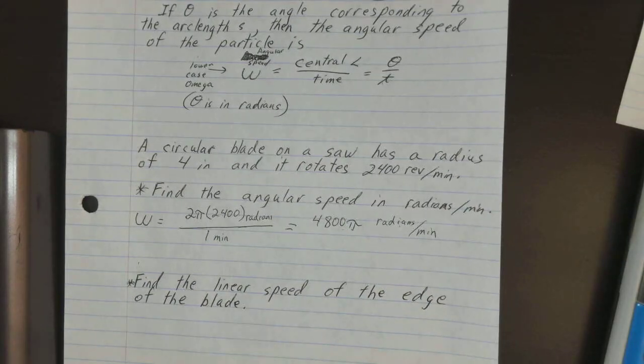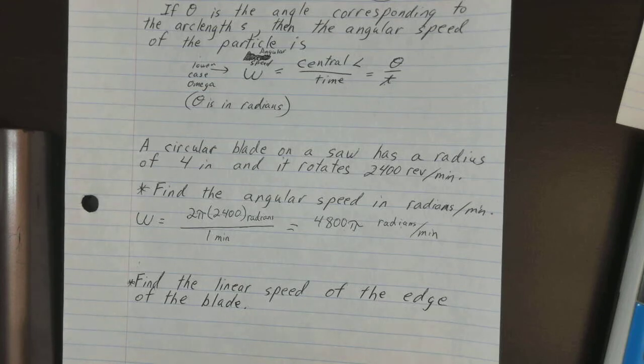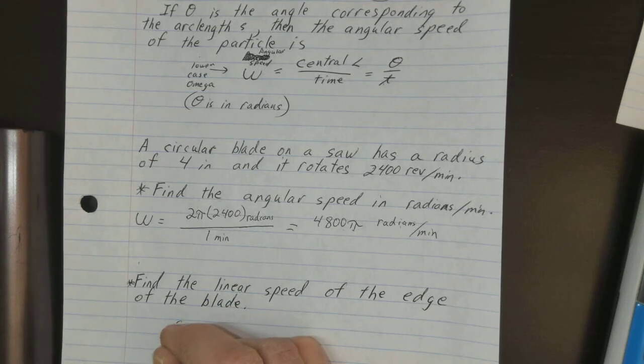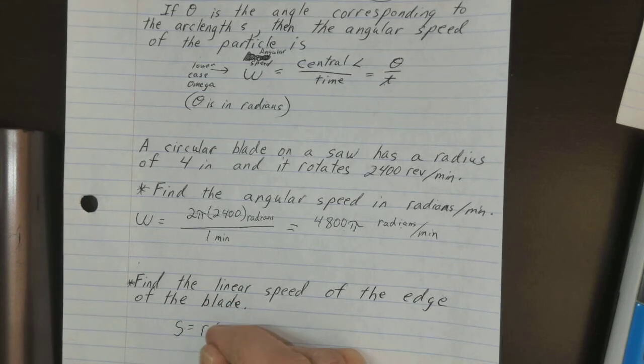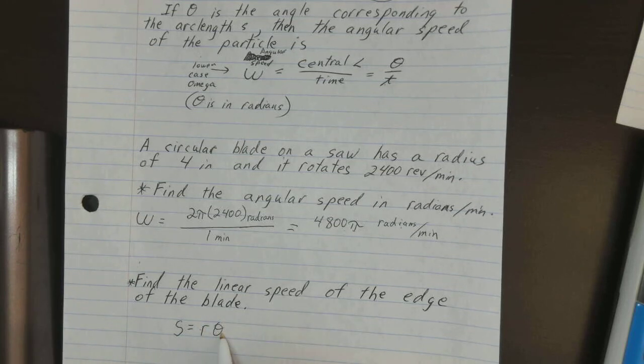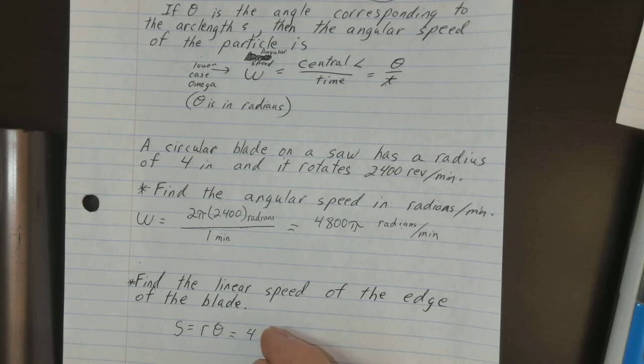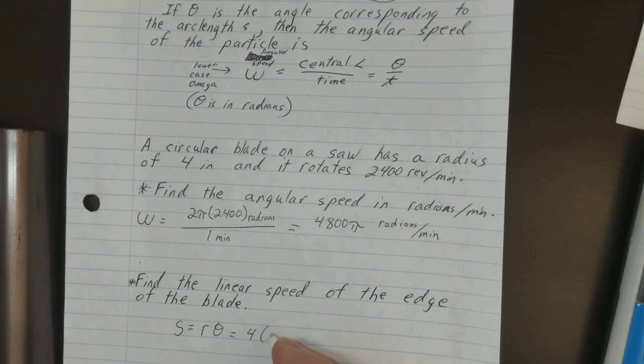So let's look for that linear speed. I need you to know that the arc length is r times theta, the radius times theta. The radius is 4, and theta is 4,800 pi.